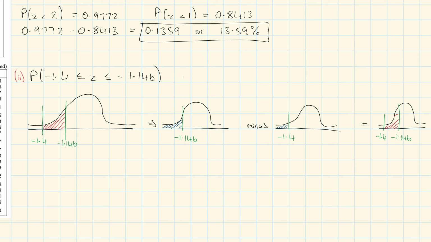So that helps me rewrite my inequality. It'll be the probability that Z is less than or equal to minus 1.146 minus the probability that Z is less than or equal to minus 1.4.